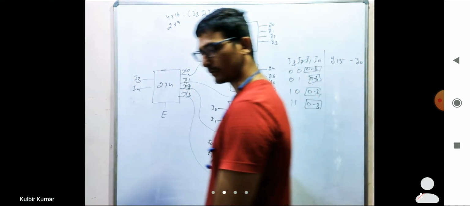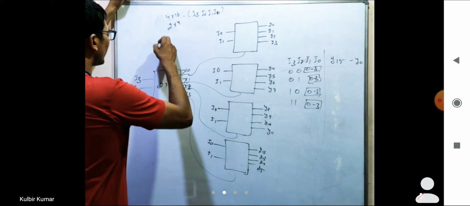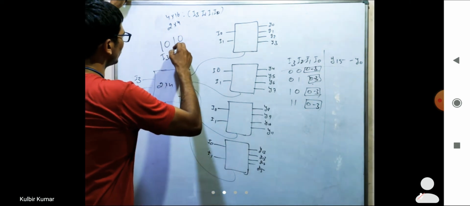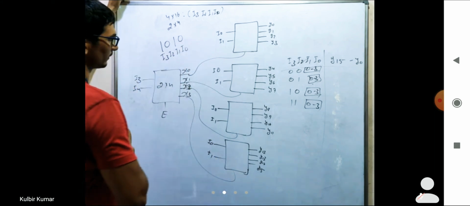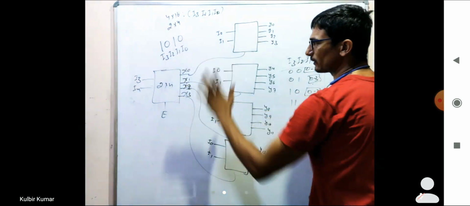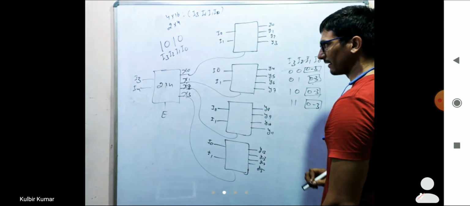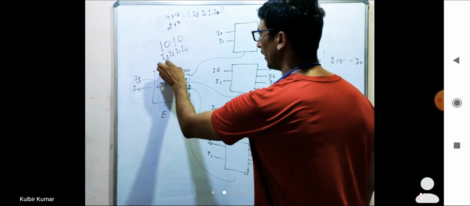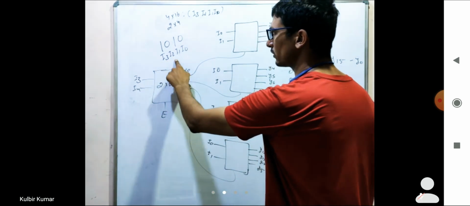Now you can take a simple example. If the input is 1 0 1 0, meaning I3, I2, I1 and I0, then what happens? If this is the input then the output must be Y10. Now let us see how this decoder will give the output. First of all I3 and I2 are 1 0.